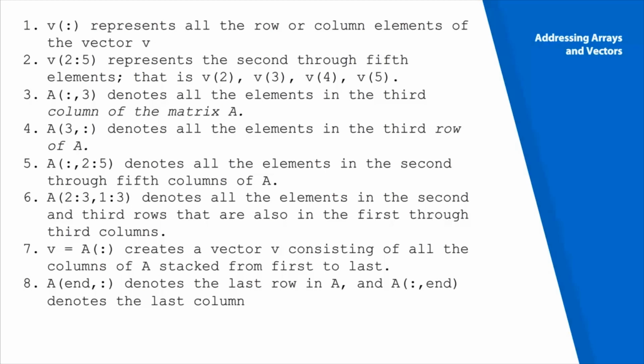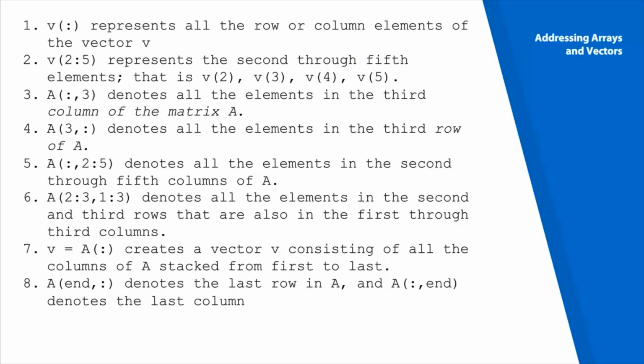So when a vector v is addressed with just a colon, it represents all the row or all the column elements of the vector. Second, when a vector v is addressed with m:n, for example 2:5 as shown here, this represents the second through fifth elements in vector v, that is, we are addressing elements at positions 2, 3, 4 and 5.